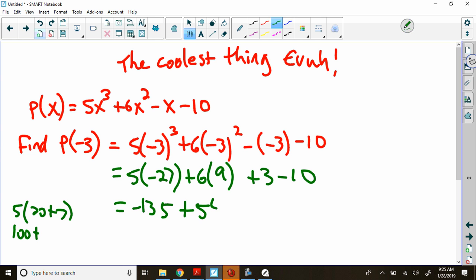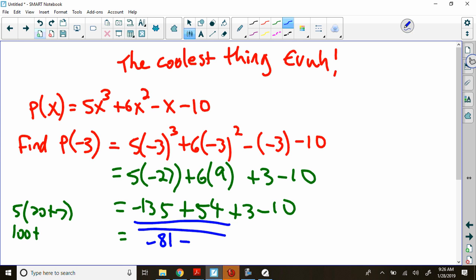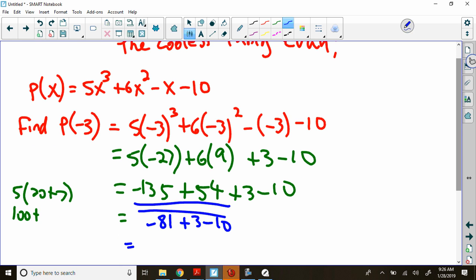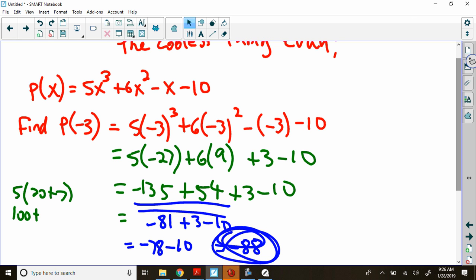That's 54 plus 3 minus 10. Oh, man. The difference between those, I think it's 81 and it's negative. So that's -81 plus 3 minus 10. So that's -78 minus 10. So it's -88. That was a lot of work. Oh, man.